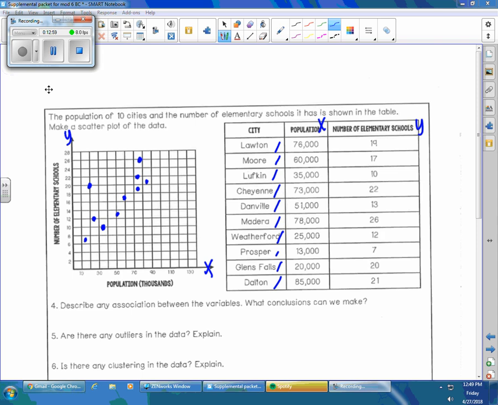Okay, so hopefully your scatter plot looks something like mine. This is an incredibly difficult thing to actually copy off of someone. It's actually easier for you to just make your own scatter plot. So if you didn't pause the video and you're right now trying to copy down where my points are, it's actually easier to take a minute, pause the video, find 76,000 or about on the x, so 76,000, it's going to be greater than 70, not quite 80, right in the middle here, and then go up to 19, which is going to be greater than 18 but not quite 20, and make your dot there.